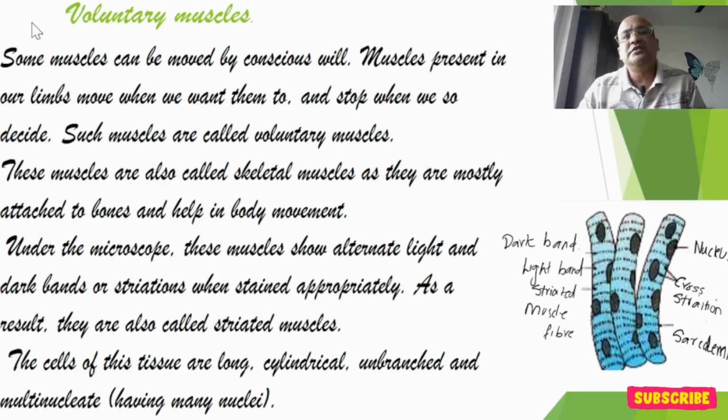The conscious will is nothing but it is under our control. Muscles present in our limbs move when we want them to move and stop when we decide. So it is all under our control. Such muscles are called voluntary muscles.